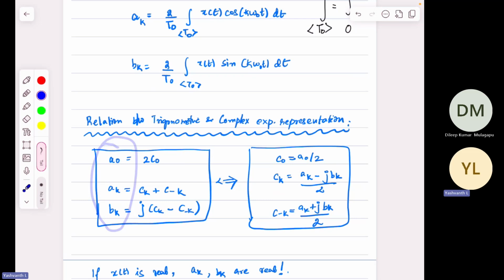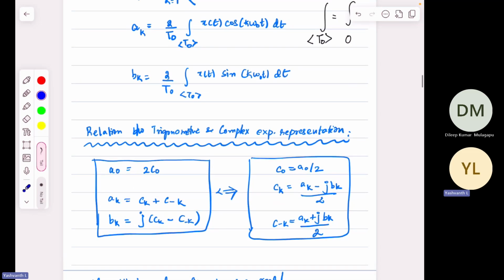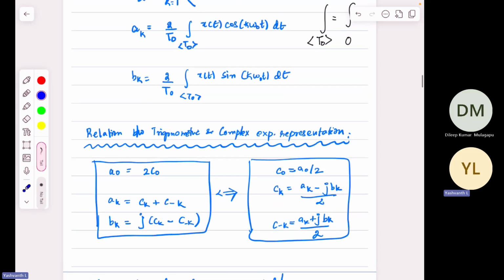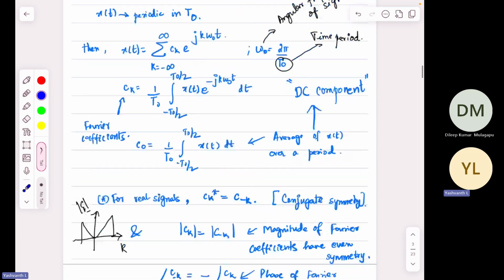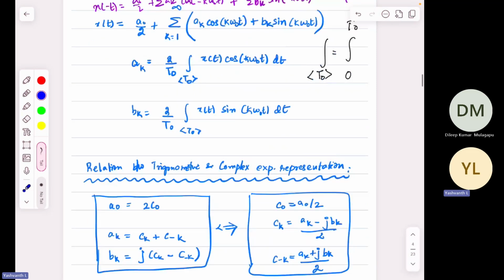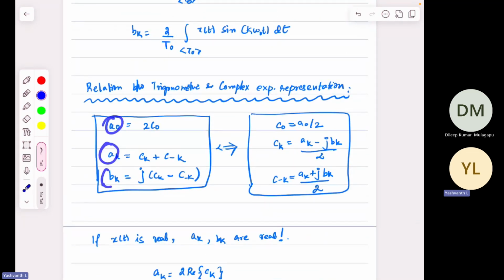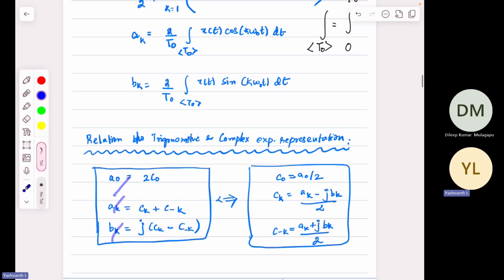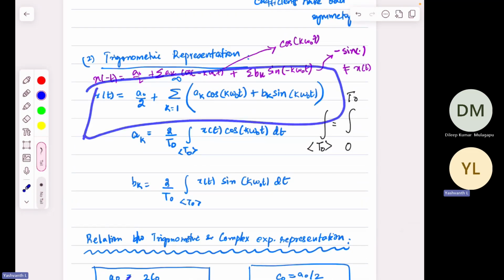So for example, if you have the complex exponential Fourier series representation, it means you know the value of ck. If you know the values of ck, you can get a naught, ak, and bk by this formula here, and once you have a naught, ak, and bk, you can plug this in this expression for x of t, and that will give you the trigonometric Fourier series representation of your signal.